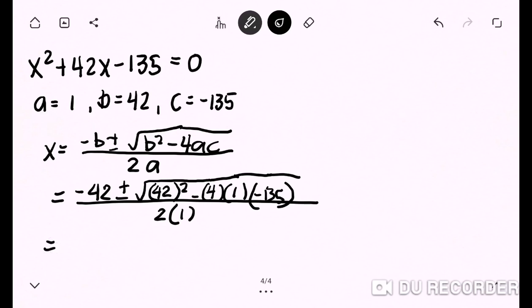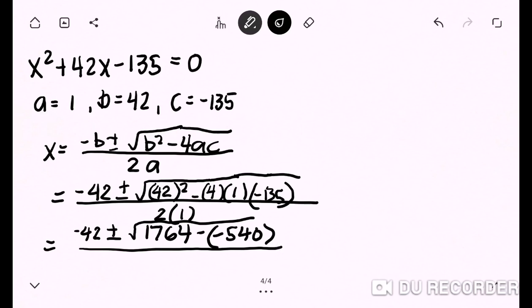Okay, simplify pa natin. We have negative 42 plus or minus, so 42 squared will result to 1,764. When we multiply 4, 1, and negative 135, that is equivalent to negative 540, all over 2 times 1 is 2. Okay, tuloy natin.